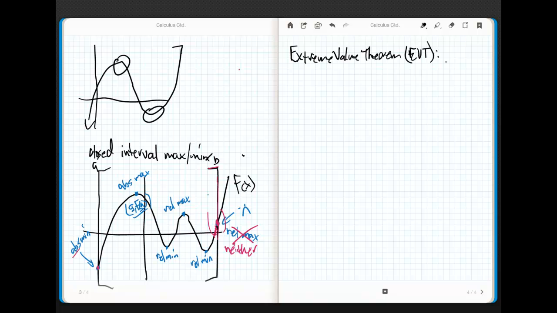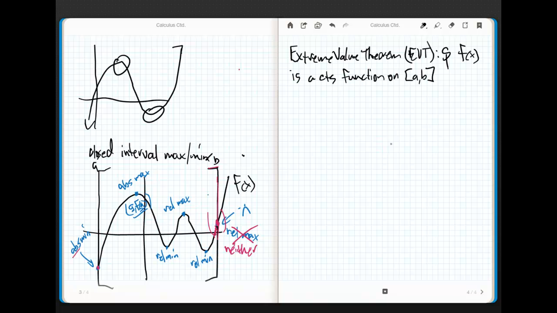All right, the extreme value theorem starts the same way. It says, suppose that f of x is a continuous function on a closed interval from A to B. That's how all of the value theorems start out.